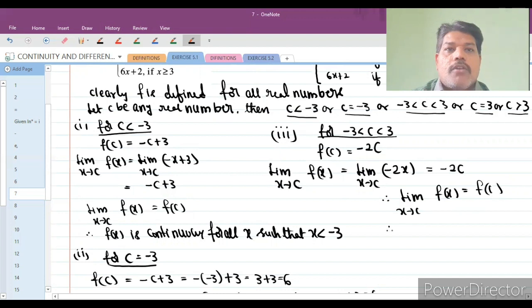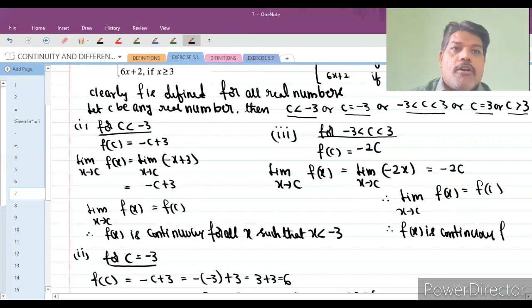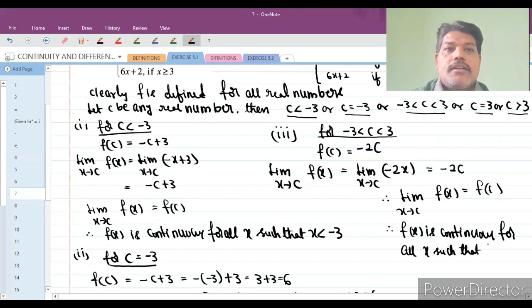So therefore, we can declare that f(x) is continuous for all x such that -3 less than x less than 3.